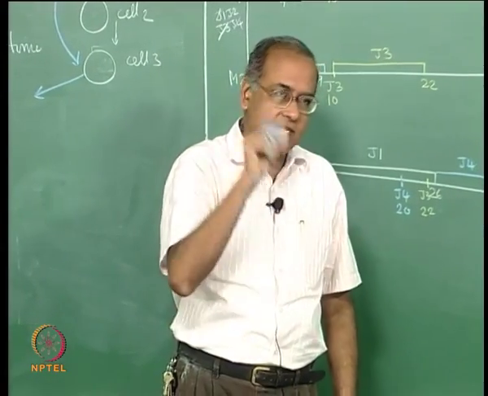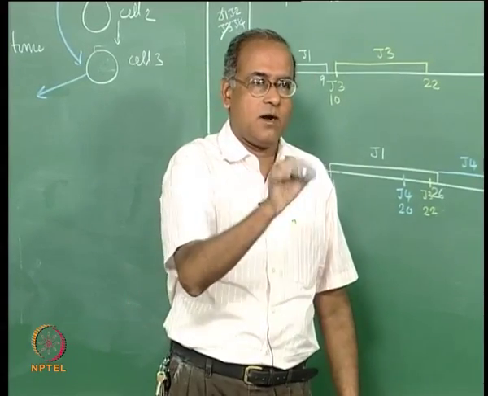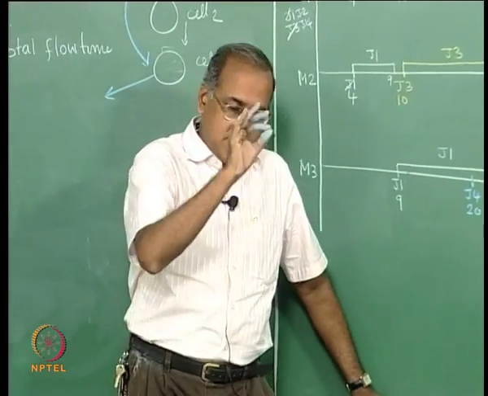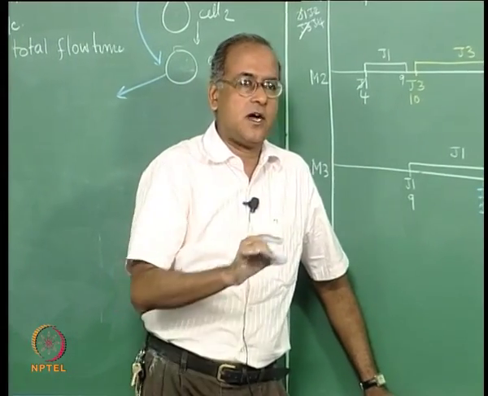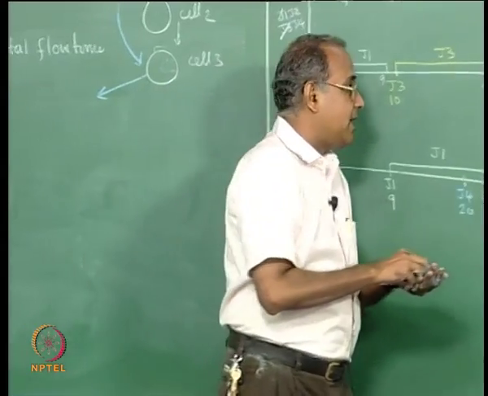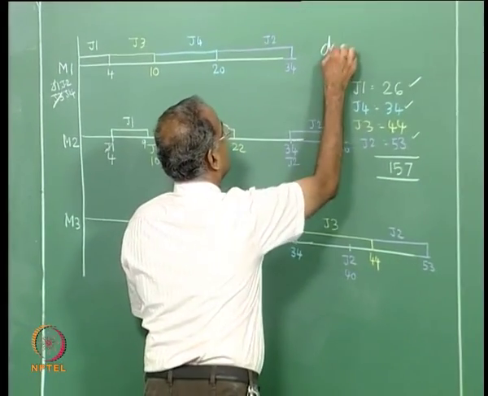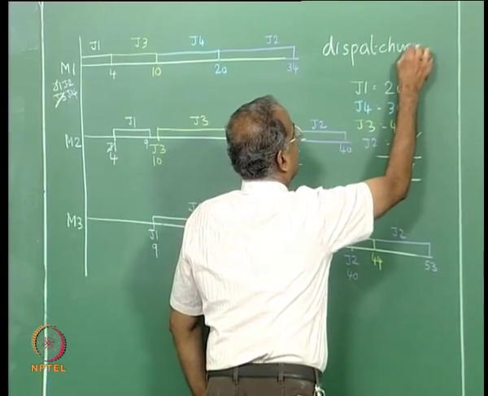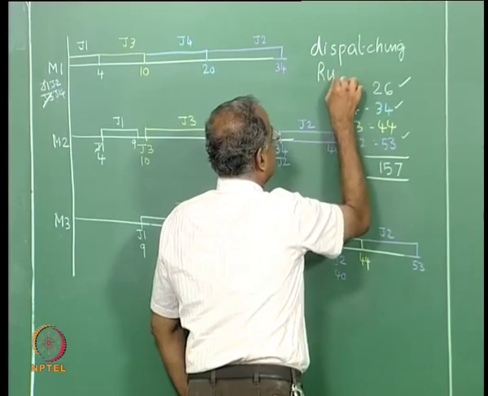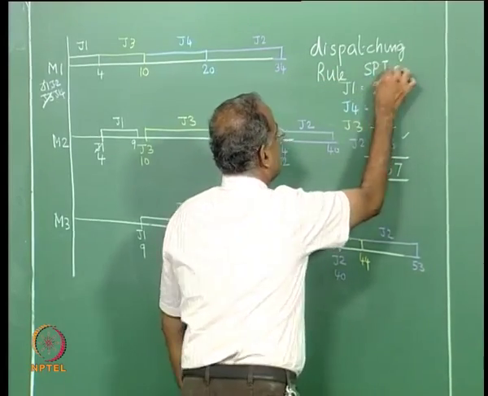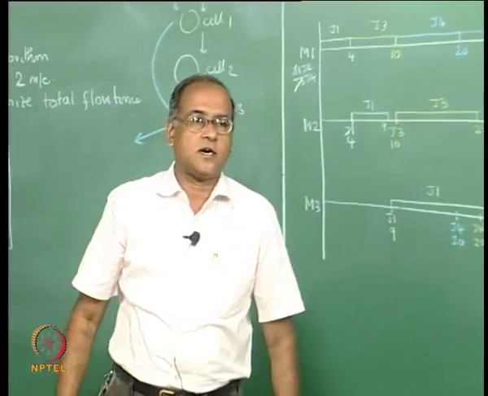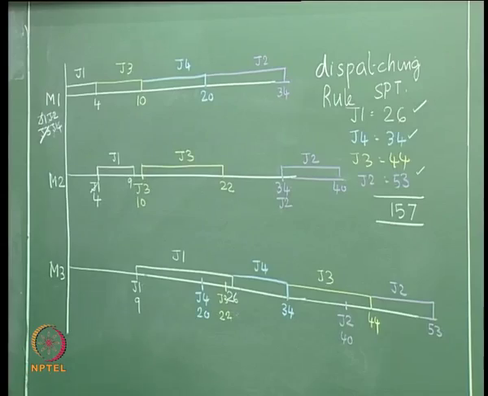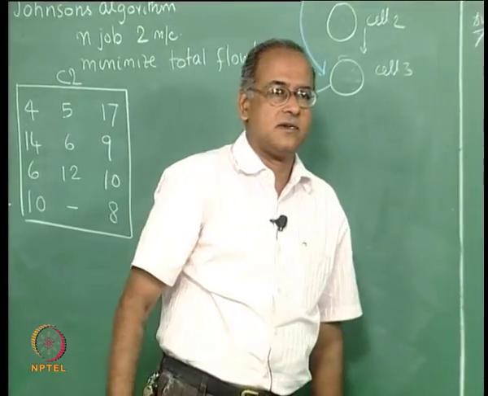So, when a machine is free and if there are one or more jobs waiting, the machine will not be kept idle. If there is more than one job waiting, the job is chosen based on what is called a dispatching rule, and the dispatching rule that we have chosen is called the SPT rule, or the shortest processing time rule.